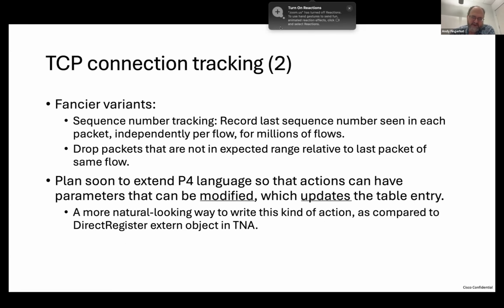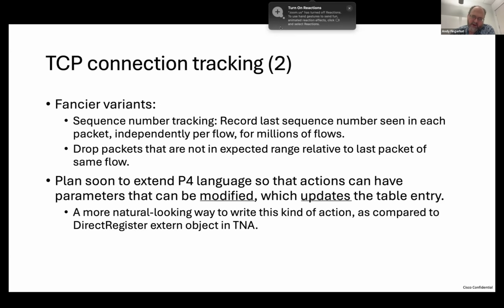One additional, more complex variation than the one I just described would be: every time you process a packet and you hit in that 5-tuple table, you'd like to record in the entry per flow the last sequence number you saw in that direction, even separately for the two different directions of TCP data flow. And you'd like to do that independently per flow for millions of flows in the table.